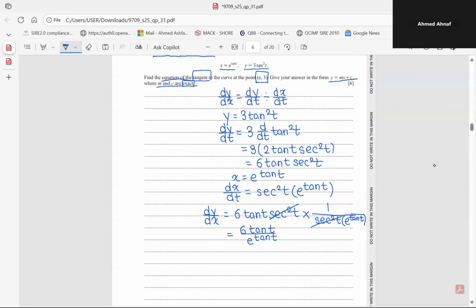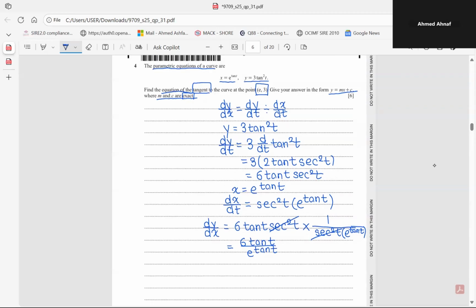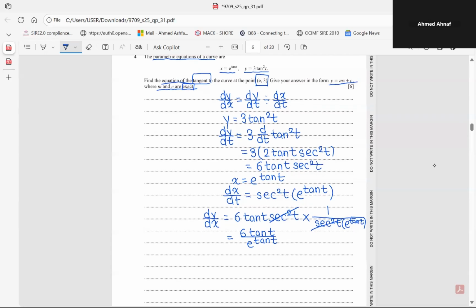Okay, so now we're going to have to find the value of dy/dx at these points. But our equation of dy/dx is in terms of t, so we're going to have to find the value of t at either of these points. So we're going to have to substitute either one of these into either of these equations. So here I'm going to choose e.